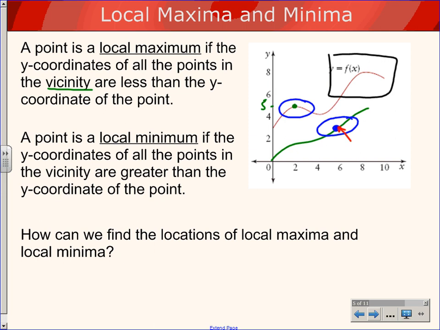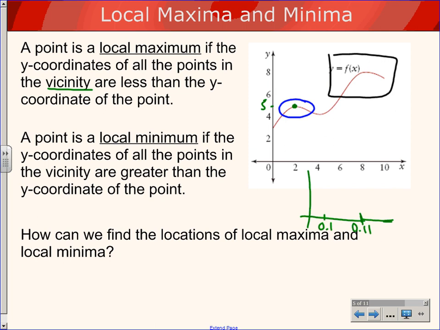So the issue with vicinity is we could actually be really, really tiny. Imagine I zoomed in on some other function like this, and this is 0.1, and this is 0.11, so I'm really close.